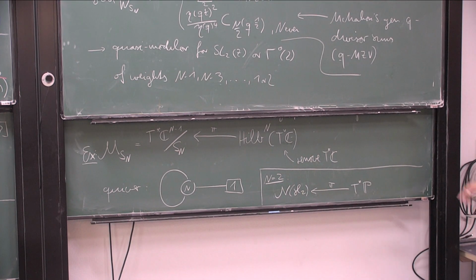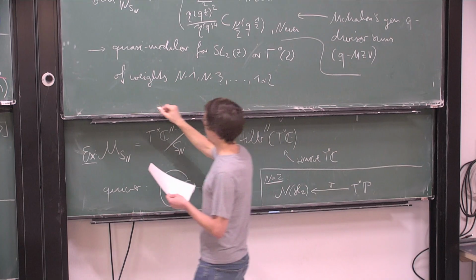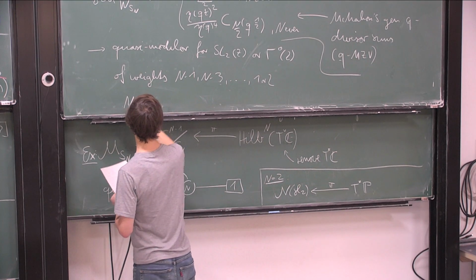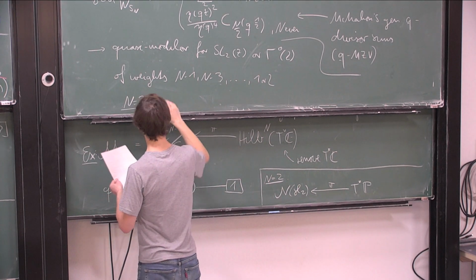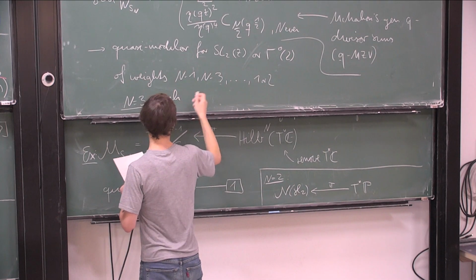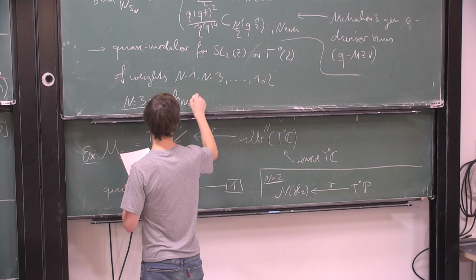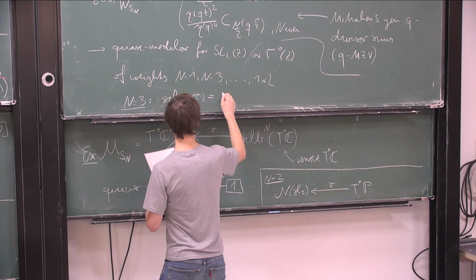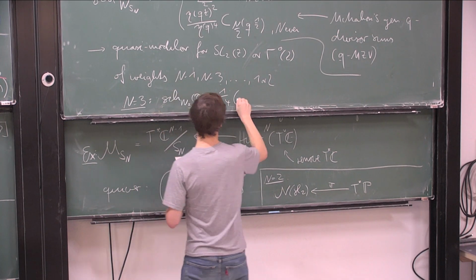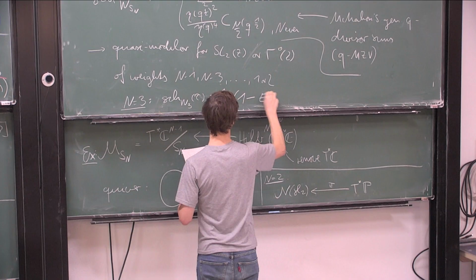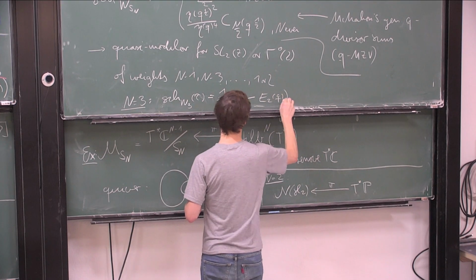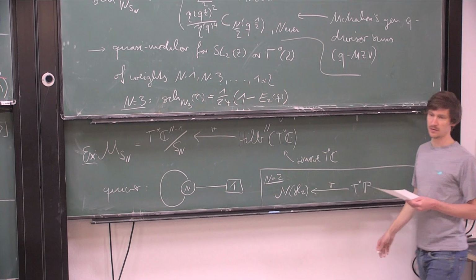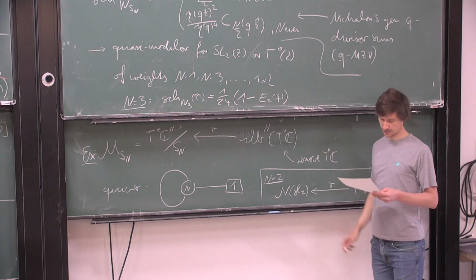So for example, for n equals 3, the character is very simple. It's 1 over 24 times (1 minus E2(Q)). So this is the normalized Eisenstein series of weight 2.